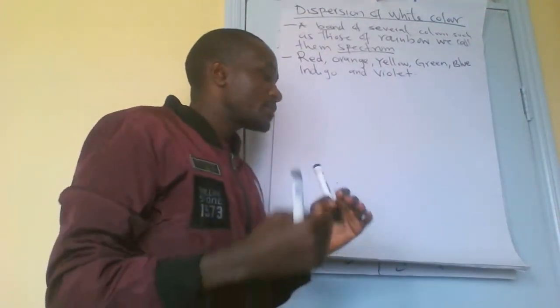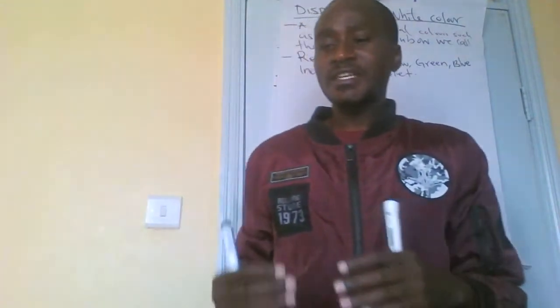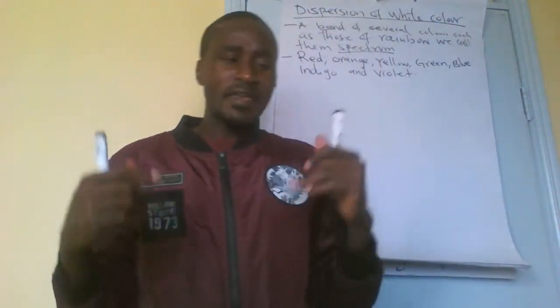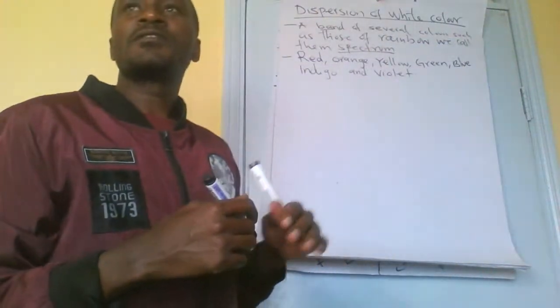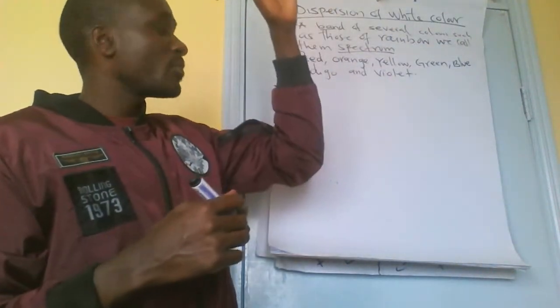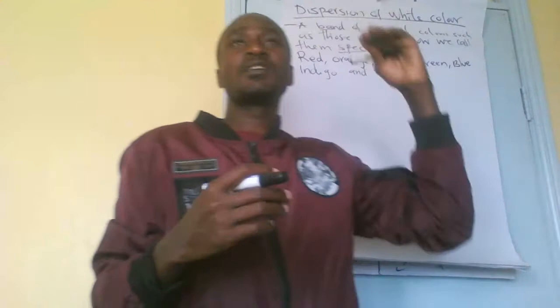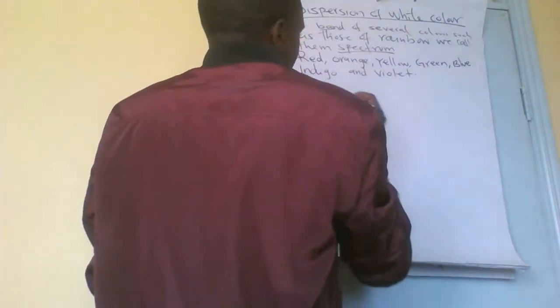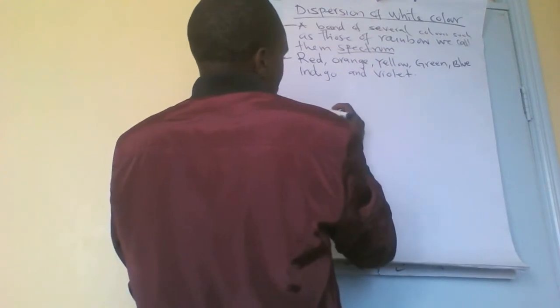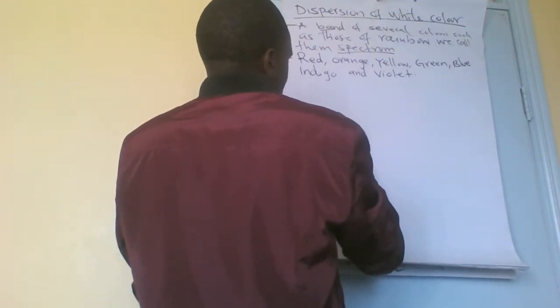Now we find out these colors are refracted differently. They are not refracted equally, which means the one at the top is refracted least, and the one at the bottom is refracted most. I'm going to show that with this one here.